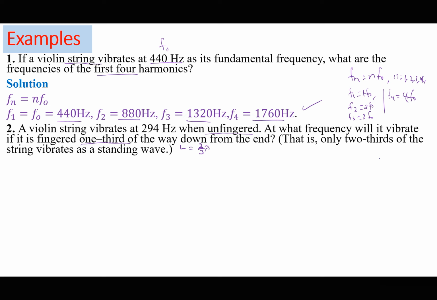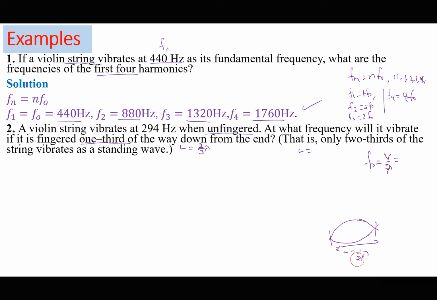If it is unfingered, we shall have the fundamental, which is given by V over wavelength. For the fundamental mode of vibration, I can sketch this here. For the fundamental mode of vibration, we have something like this, and L equals half of the wavelength.